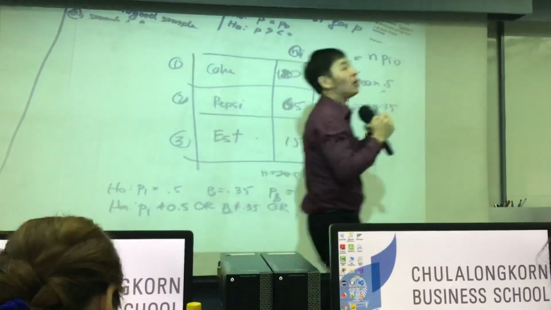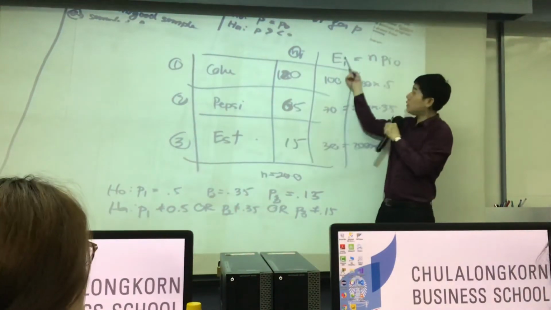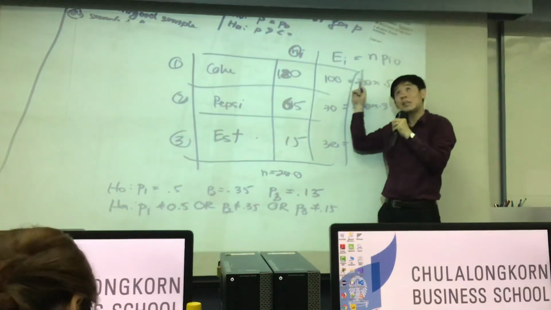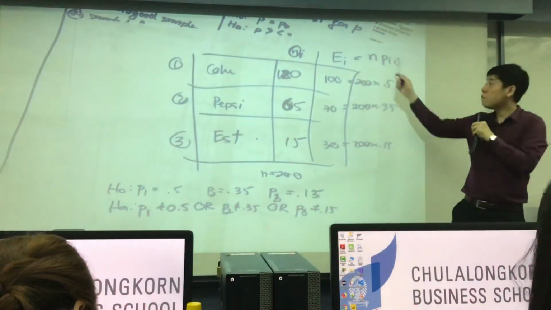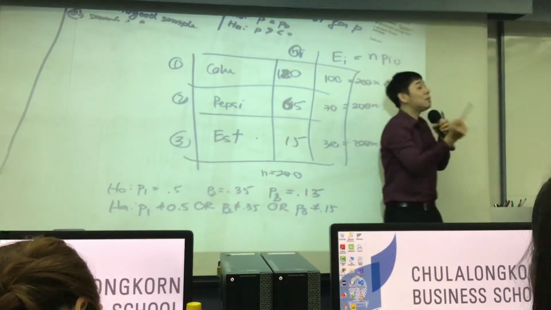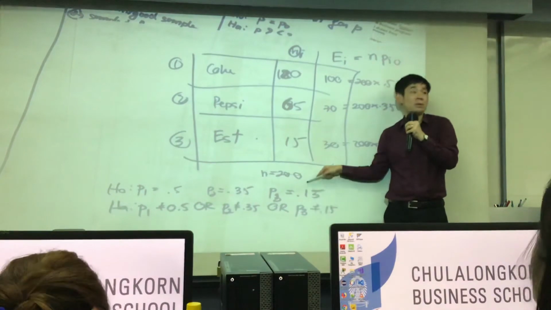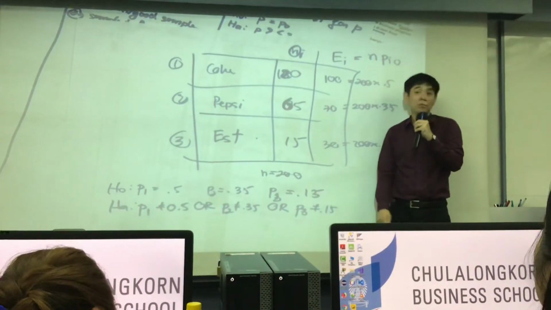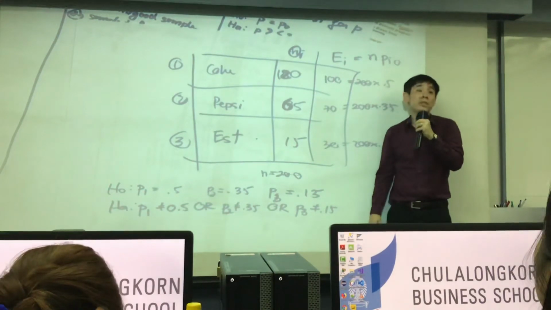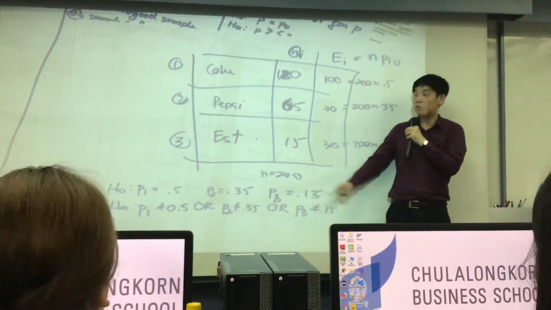Alright? Now you have something that you observe from samples, and something that you expect if H0 is true. So if these two columns are similar, which one would you pick? Top one. If O is about the same as E, it tends to support H0.